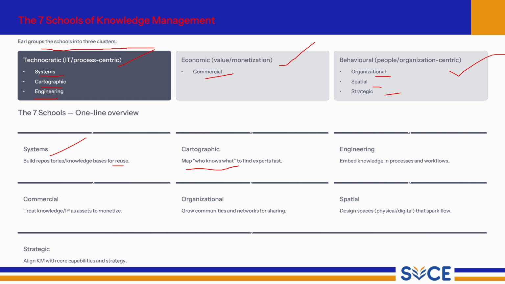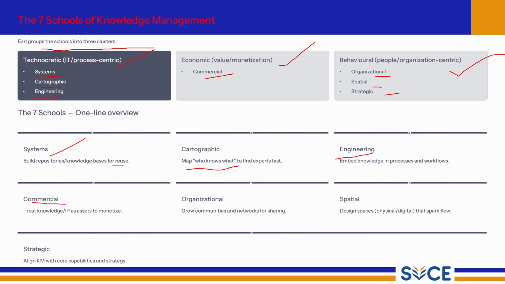And the third one is engineering. Engineering is to embed the knowledge in processes and workflows. The engineering school weaves knowledge into day-to-day workflows so it becomes part of how work gets done. Knowledge built into the process. And the fourth one is the commercial.